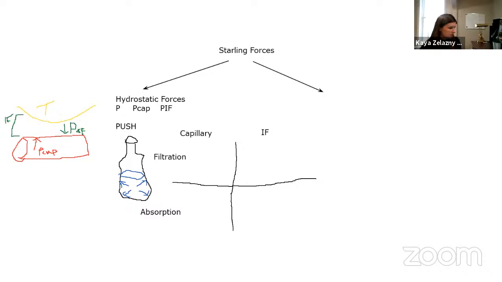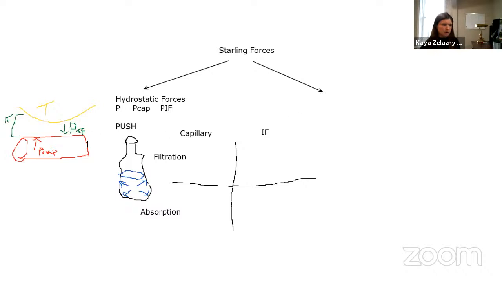So now that we have those up, we want to add in whether each of these is a force for filtration or a force for absorption. Now, filtration means the movement of fluid from the capillary to the interstitial fluid. And absorption is movement from the interstitial fluid getting absorbed by the blood.